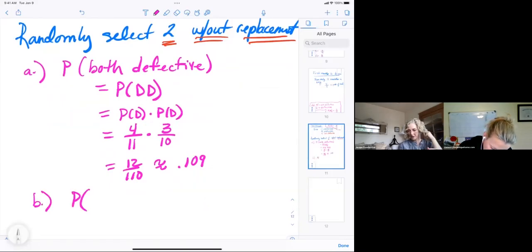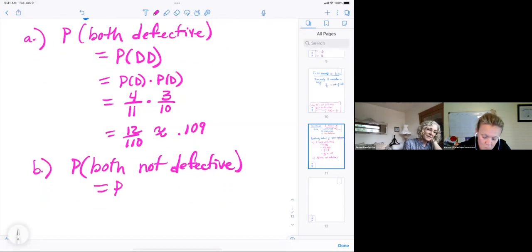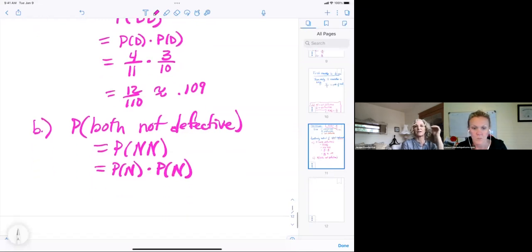Part B, find the probability that both parts are not defective. So we're looking at the probability of NN. Probability the first one's not defective times the probability the second one is not defective.